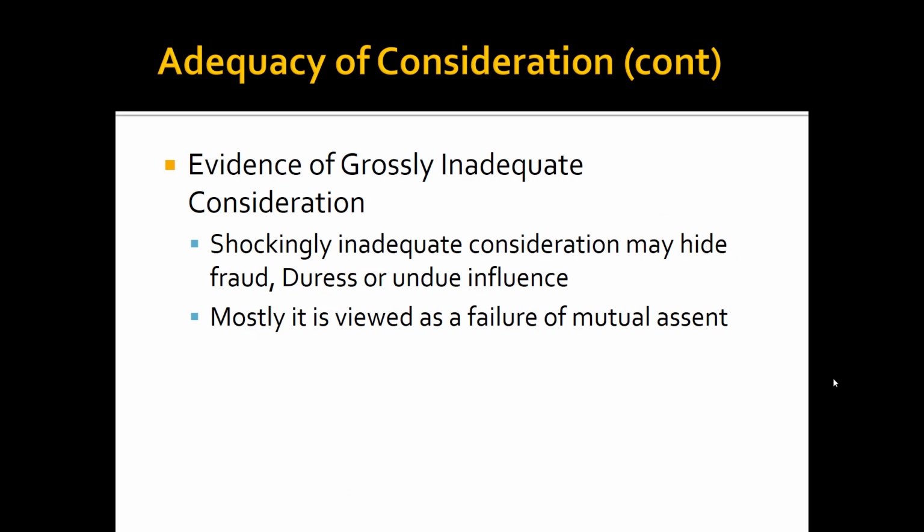So one of the things that tends to trigger our concern is, was the consideration grossly inadequate? Not that grossly inadequate consideration is wrong, but that it is evidence of some other problem. So sometimes if you paid $5,000 for a really ugly painting, it might mean there's fraud.